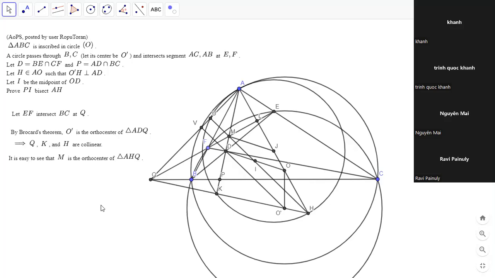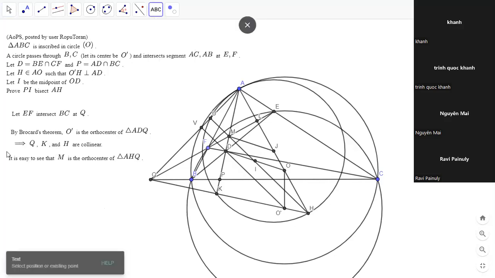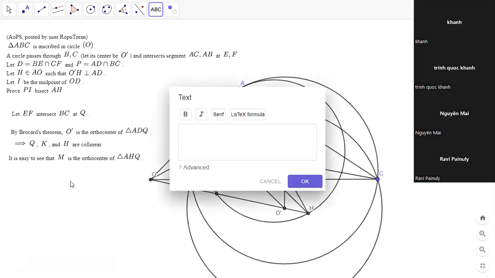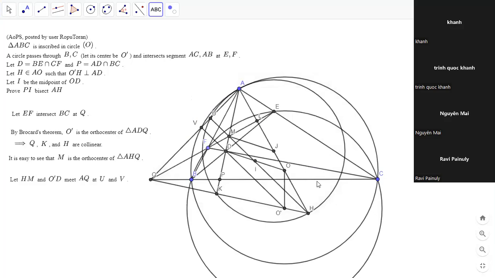All right. So we have M is the orthocenter of AHQ. So let HM and O prime B meet AQ at U and V. And then we know AUKH is cyclic.